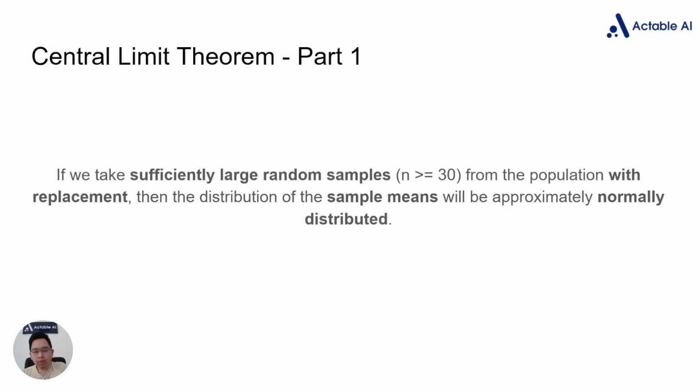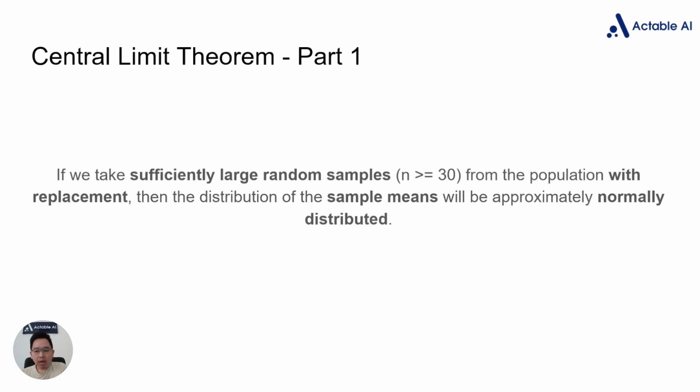The first part of the central limit theorem says that if we take sufficiently large random samples, normally larger than 30, from a population with replacement, then the distribution of sample means will be approximately normally distributed.